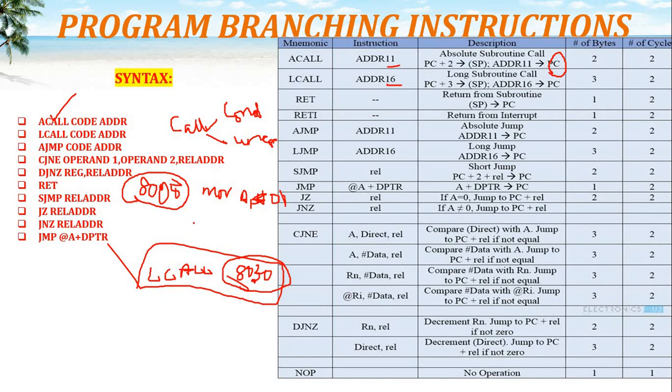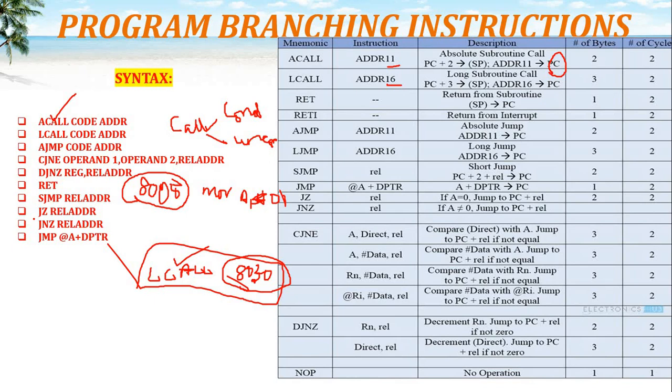Next I need to give some delay to that program, so that it will then compare with the next row operation or column operation. At that time I can use this LCALL 8030, because to execute the matrix keyboard for each row we need a delay program. So at that time we can use this long call subroutine.